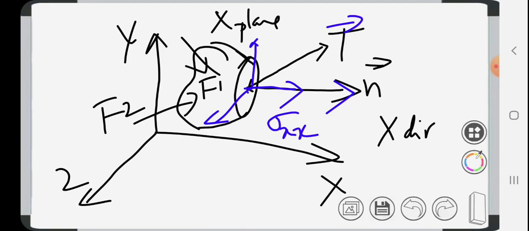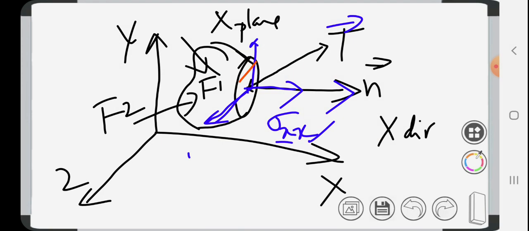The first subscript represents the plane through which it acts, the plane used to cut that element. So here we are using the x plane. The next subscript represents the direction of the stress. Since it is acting in the x direction itself, it is called sigma xx. Now this component is parallel to the surface, right?